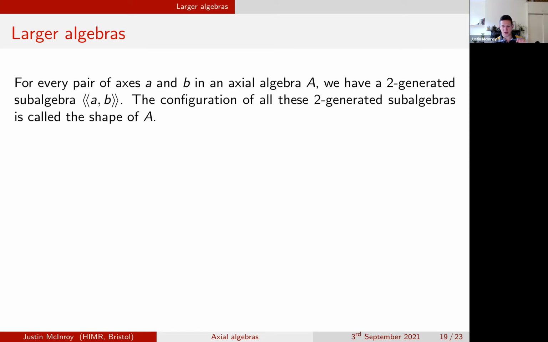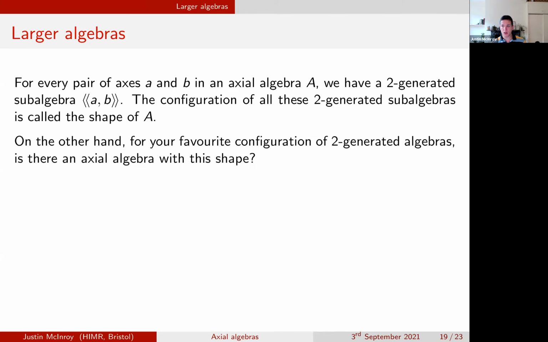So if you think about the configuration of all of these, they intersect, and somehow this forms a somewhat complicated configuration. This is going to describe quite a lot of the structure of your axial algebra A. But on the other hand, suppose you think up your favorite configuration of two-generated subalgebras.